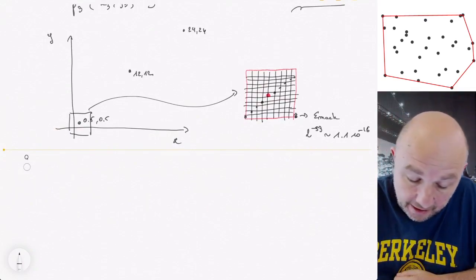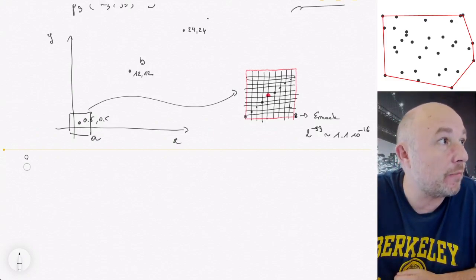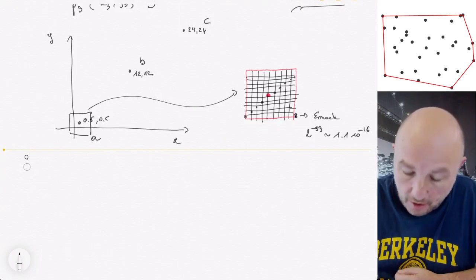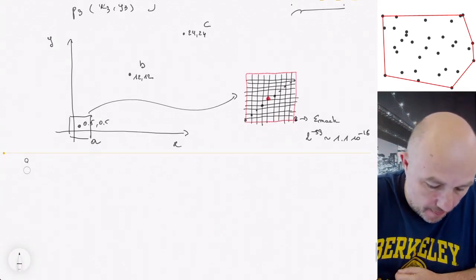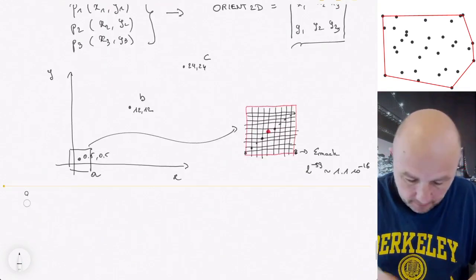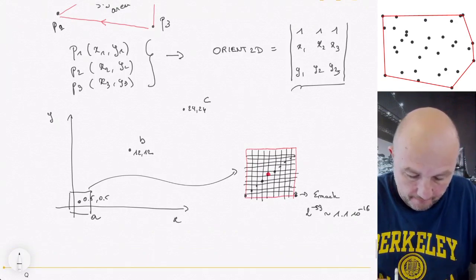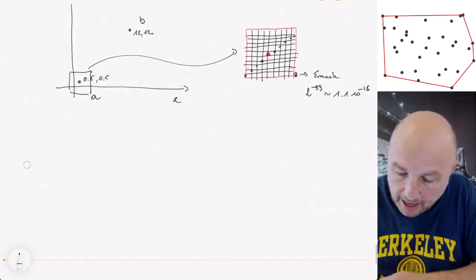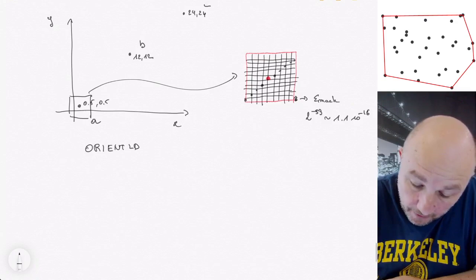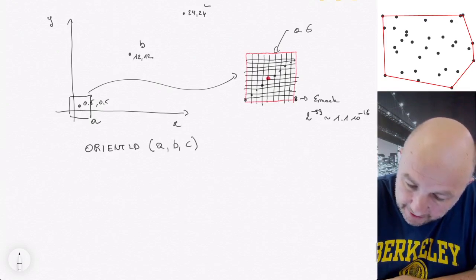So if this is point A, this is point B, and this is point C, I want to do an orient 2D of A, B, C, where A belongs to that grid.